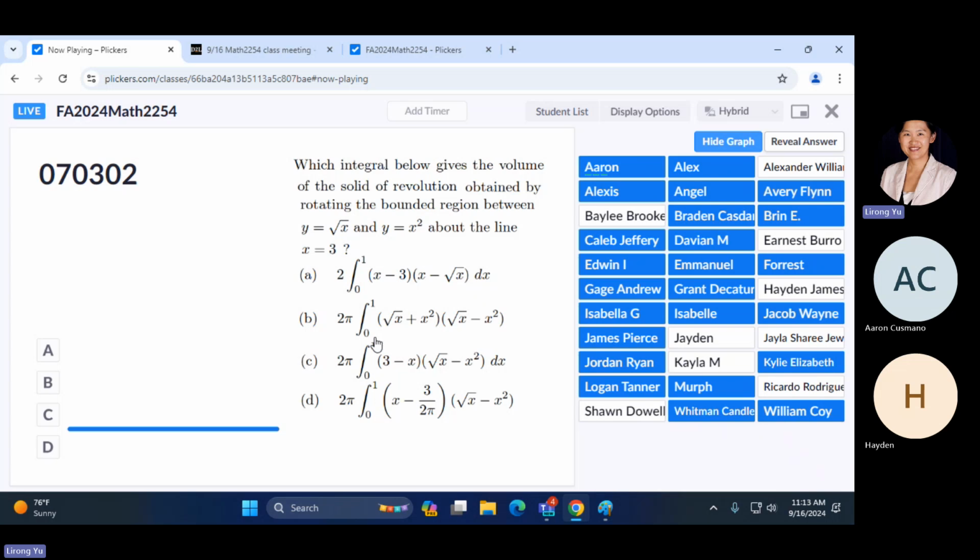And the shell method is where you have curved slices: you revolve one piece and another piece and get layer after layer of shell. We calculate the volume of every shell instead of every disk. So it looks different in the formula, but many times when you use both methods, your final answer is the same, whichever method you choose to apply.